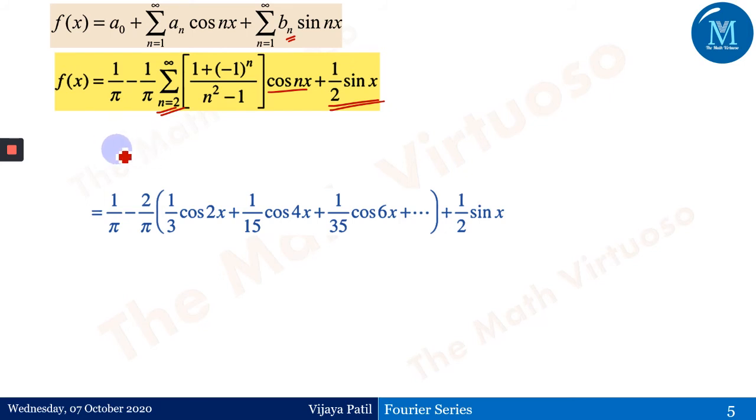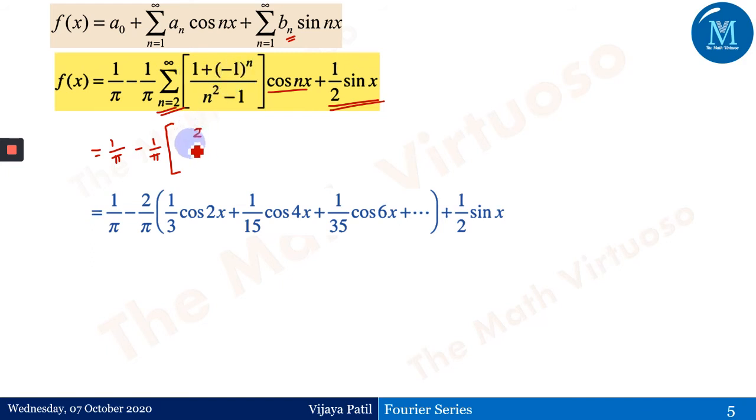Okay, so let me write down everything as n equals 2 and so on, because this summation sign starts from n equals 2. So if I write n equals 2, minus 1 to the power 2 will be plus 1. So 1 plus 1 will give me 2.